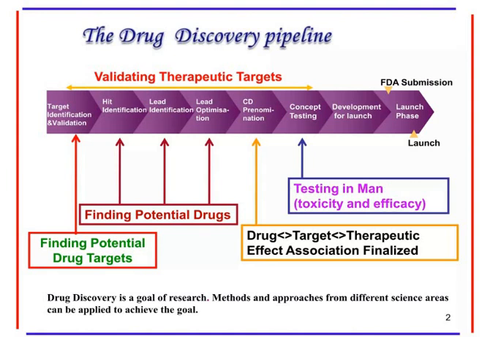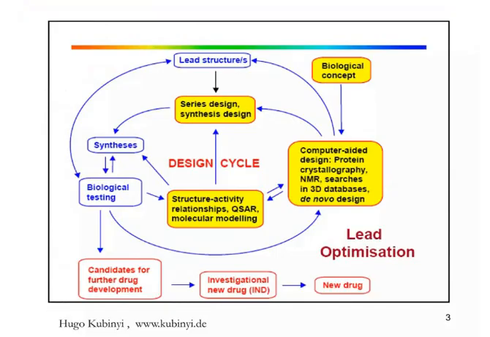So drug discovery is a goal, and research methods and approaches from different science areas can be applied to achieve the goal. Now you can see the design cycle, lead optimizations. Starting from biological concept, computer-aided design, protein crystallography, NMR, search in 3D database, de novo design.